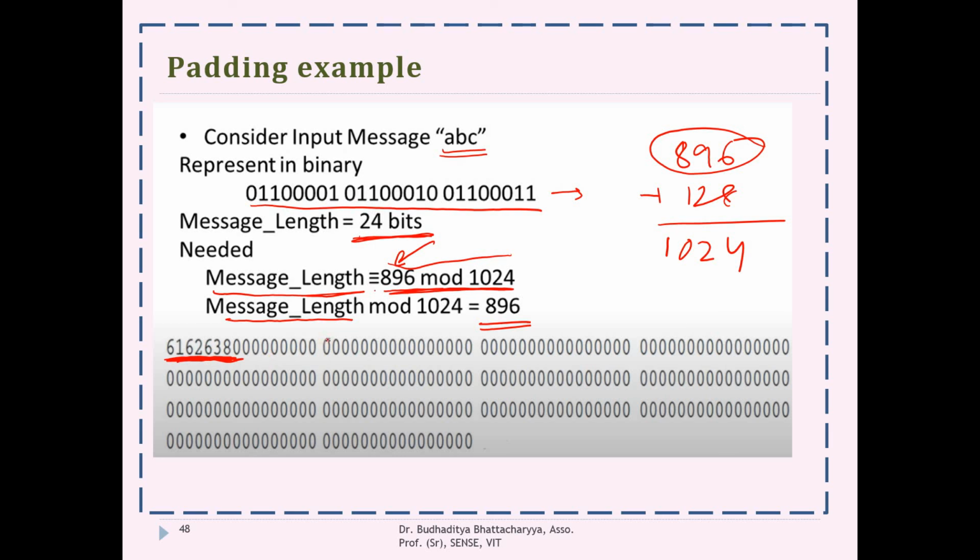The rest are all zeros, to make it 128 bits less than 1024. You can see the rest of the zeros that you are looking at. We are filling up the rest of the elements with zeros, and that is what we call the padding. Alright, just to make it 1024, otherwise the blocks won't happen.